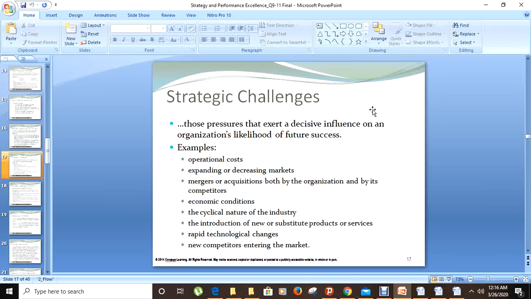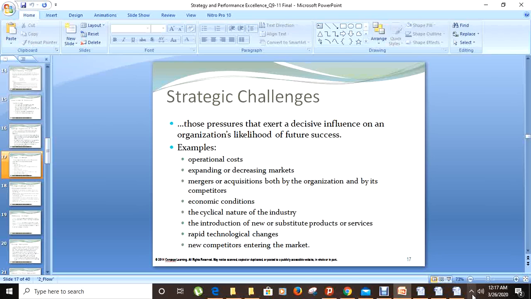Those pressures make important decisions decisively, for example, as you can see here, operational cost, expanding or decreasing markets, mergers or acquisitions both by the organization and by its competitors, economic conditions, and the cyclical nature of the industry.